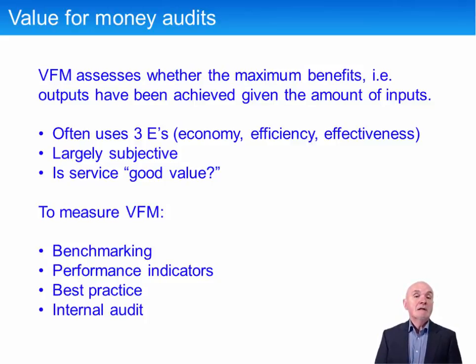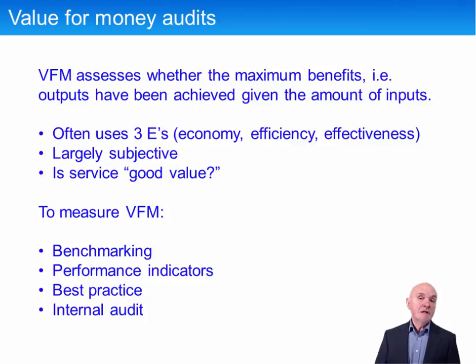Best practice. Many types of organisation develop rules for best practice. This is what you have to do, and this is almost helping us to set what the performance indicators are. If you adhere to the measures which have been established in best practice, it takes some of the argument out of the situation.